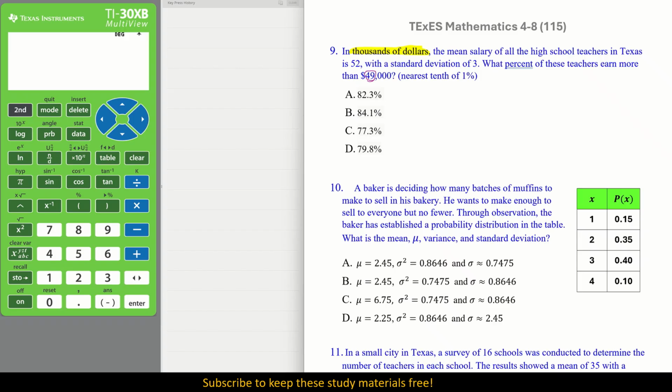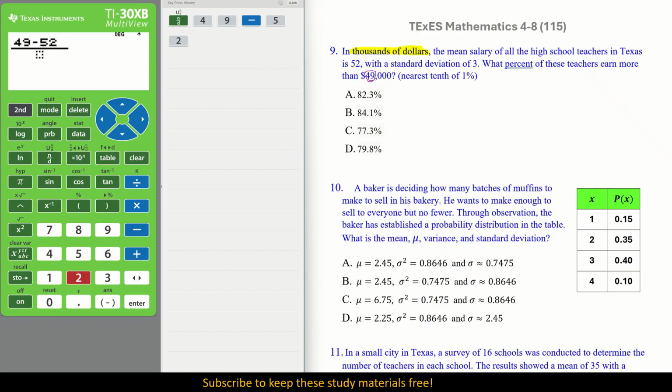So, a couple of things that we need to acknowledge. First, we need to see how far this is away from the mean of 52. So we set our fraction up and we subtract the new value of 49 minus the mean given, 52.